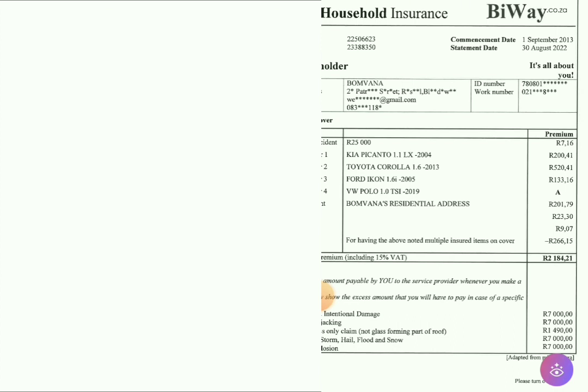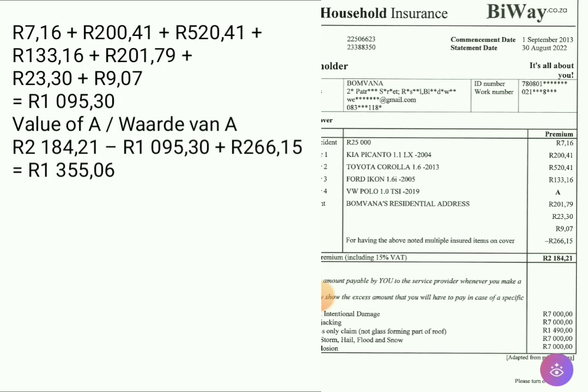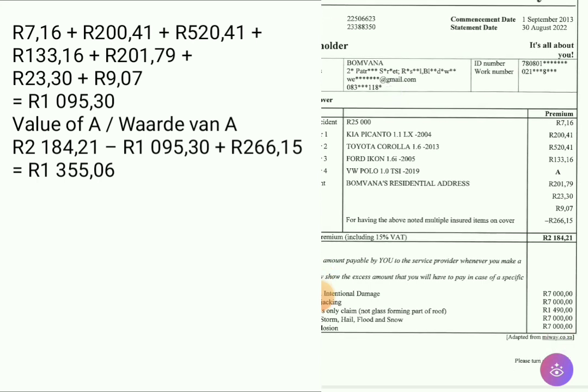When you determine the value of A, you have to add the numbers. You add 7.16, 200.41, 520.41, 133.16, 201.79, 23.30, 9.07. Then you will get the answer. The answer is 1,095.30.